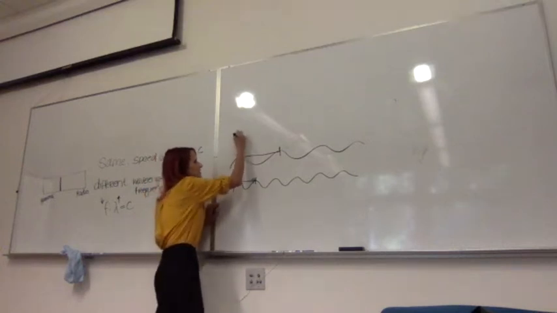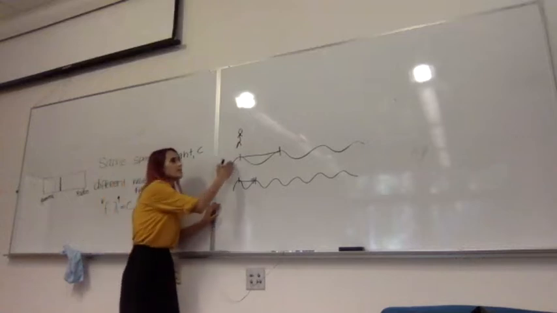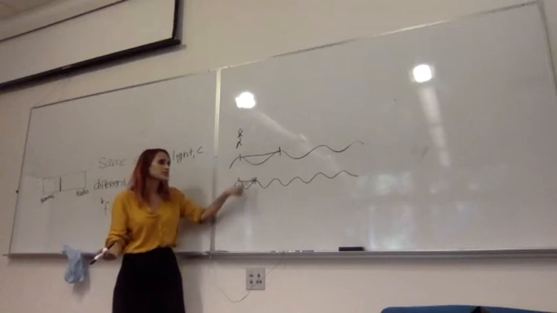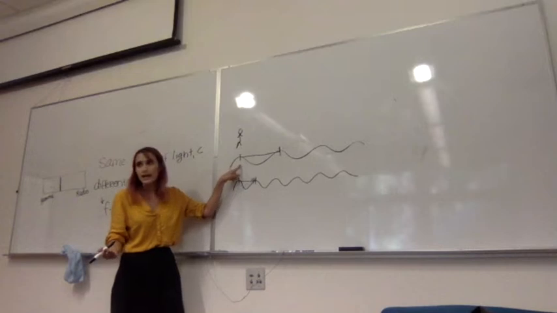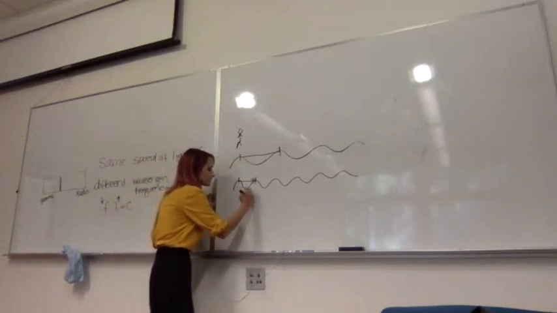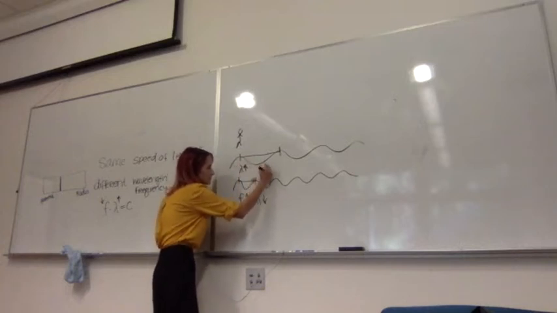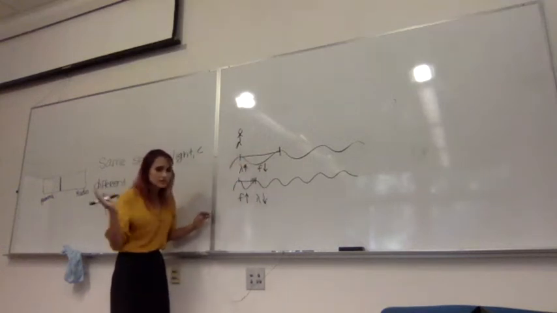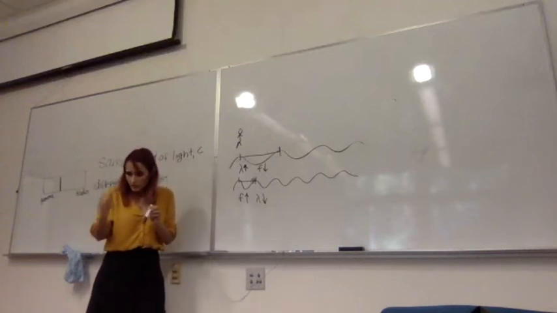If someone were standing right here and counted for 1 minute how many peaks go past them, that's frequency. If these two waves are moving at the same speed, this one's going to have fewer peaks go past than this one, so this has a higher frequency. This one only goes by so often, and this one goes by a lot faster. We're going to count 1 wave, 2 waves, 3 waves.